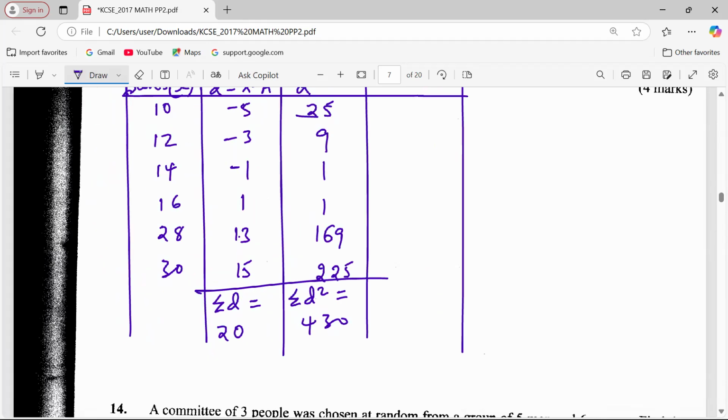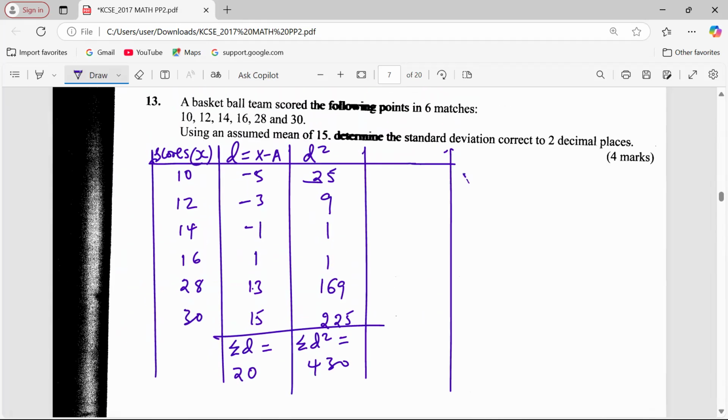So variance, which is S squared, will be given by summation of D squared over N minus summation of D over N squared, that way.